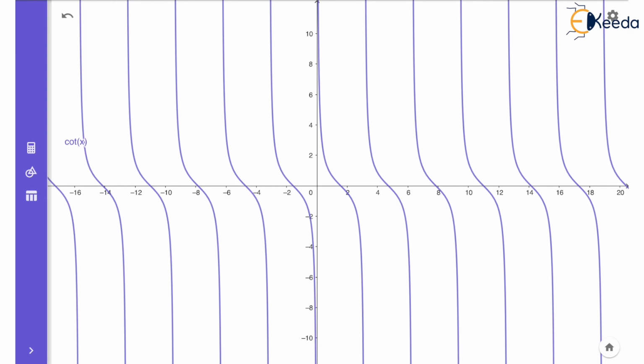So this is the graph of y equal to cot x, and this function will not be defined for all the even multiples of pi by 2, such as x equal to 0, x equal to pi, 2 pi, 3 pi, minus 2 pi, and so on.